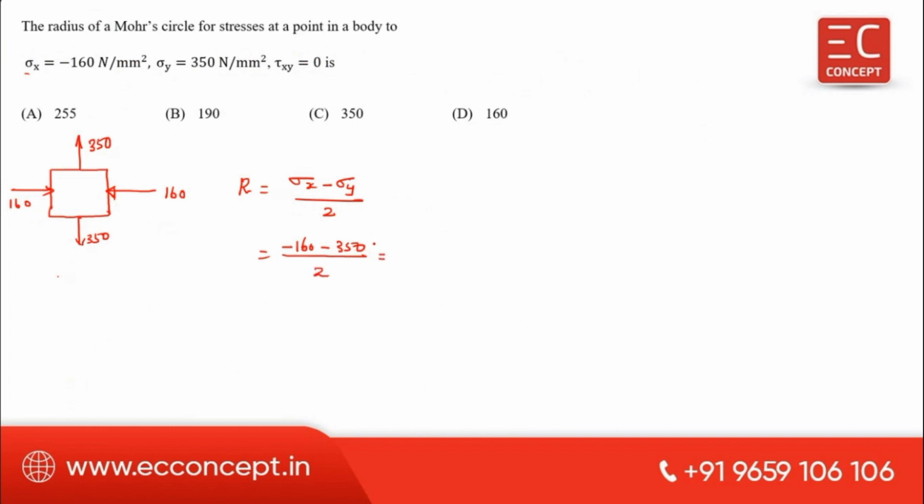This is minus 510 divided by 2, which is equal to minus 255. Here you always have to take the modulus, because the radius is a numerical value, a positive value. Therefore the answer is 255. The answer for this question is A.